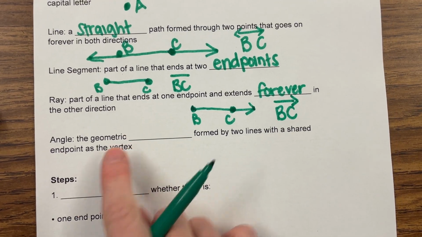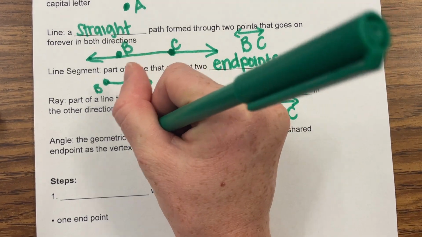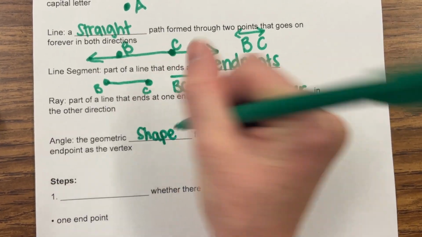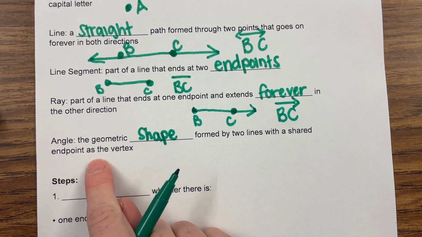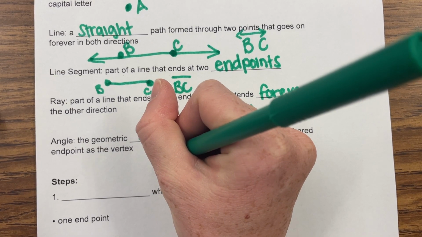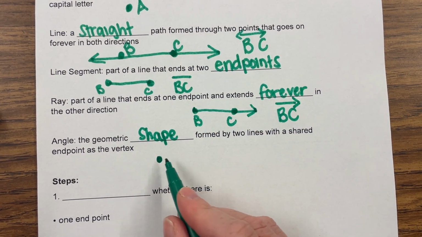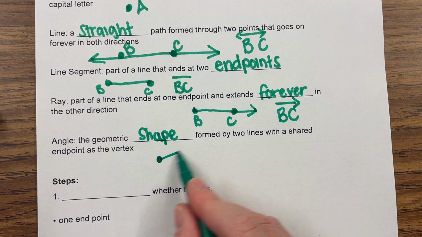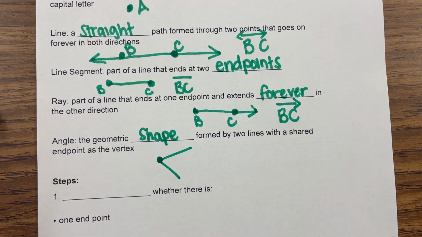Now we have an angle, a geometric shape formed by 2 lines with a shared endpoint as the vertex. So vertex is just your point. For example, this is going to be my endpoint, and I'm going to have it go off in this direction, and I'm going to have it go off in this direction.